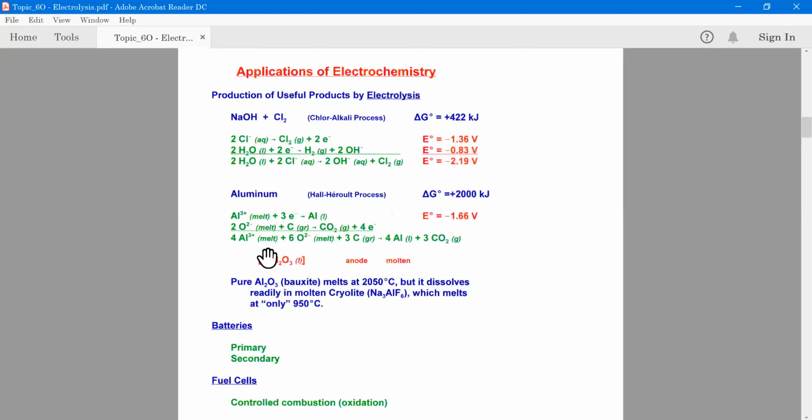So what's shown here is the aluminum oxide in the melt right there, and this is the anode, the carbon, the graphite, and the aluminum that forms is molten because of the high temperature. Aluminum melts at lower than 950 degrees, and so the aluminum that forms during this process will come out as a liquid. It doesn't come out as a solid.